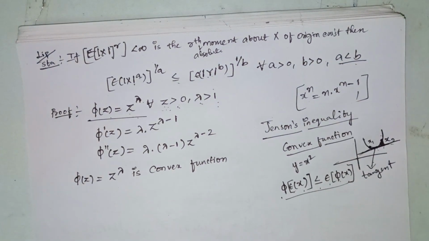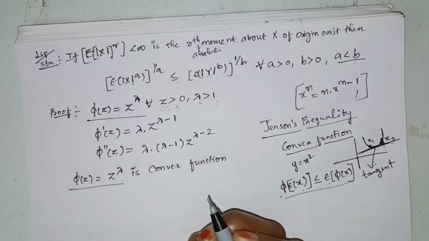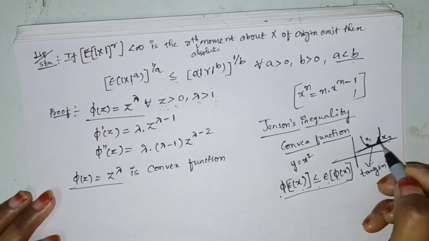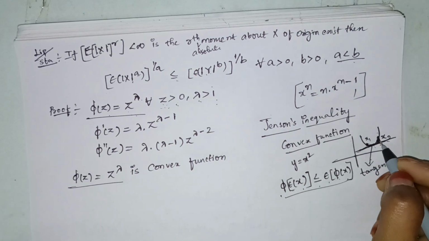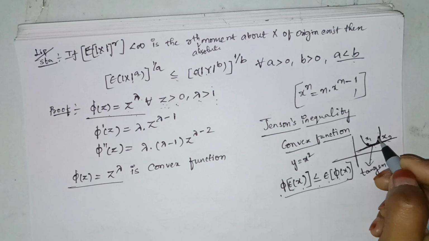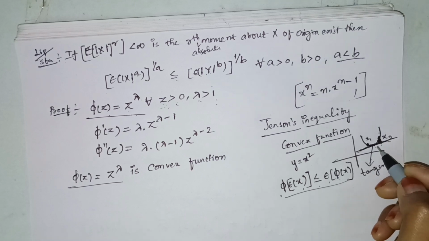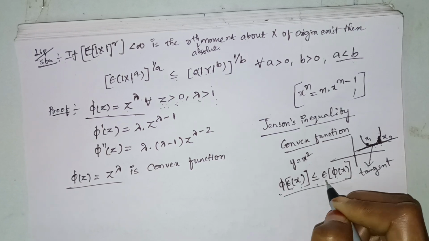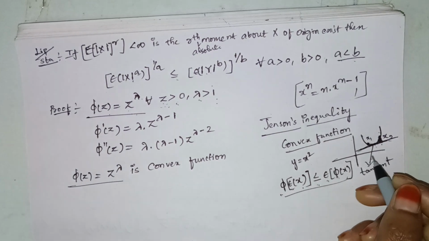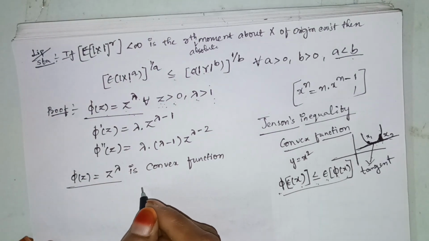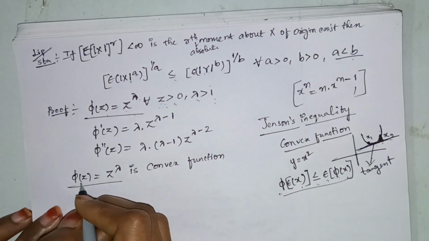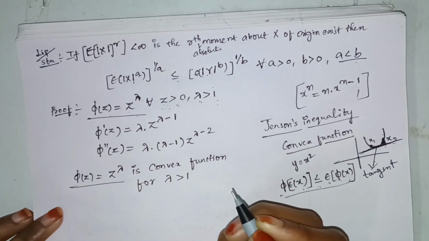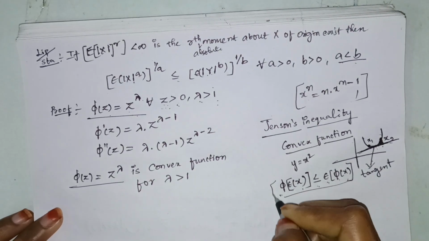So you need to remember this phi of z is z to the power of lambda. If you try to draw a graph of this, you will get this type of curve, the parabola, and if you join any 2 points, that line will be below the curve, which states that phi of expectation of x is less than or equals to expectation of phi of x. Here it is a convex function for lambda greater than 1. Therefore, by Jensen inequality, we can write this.